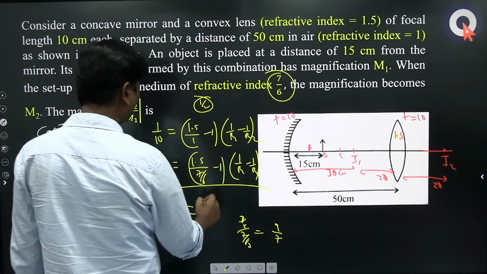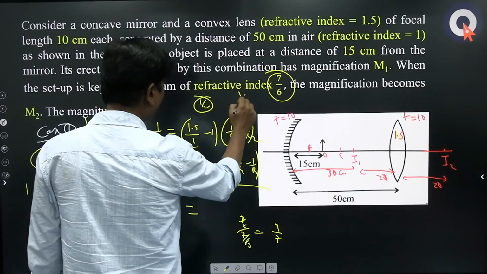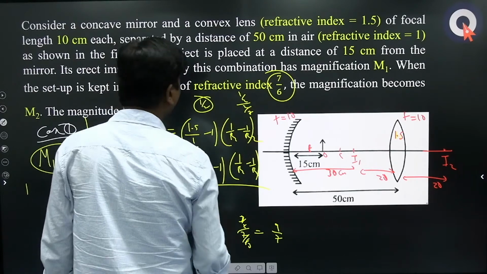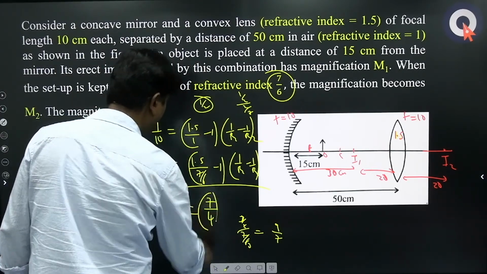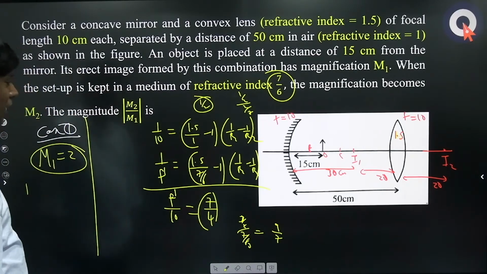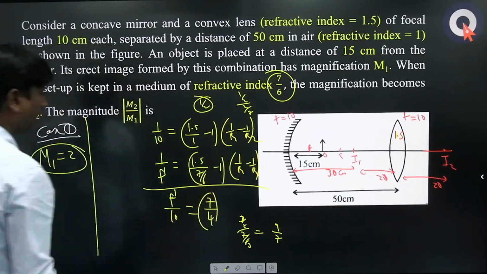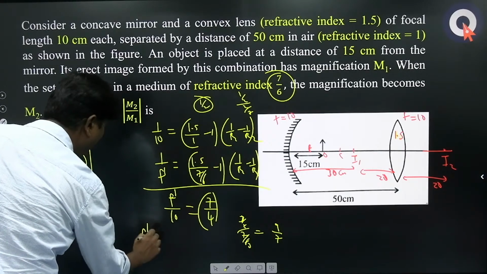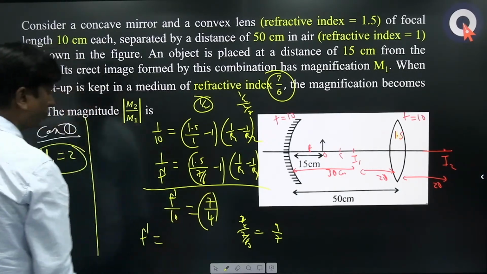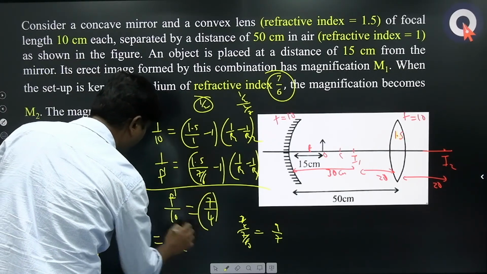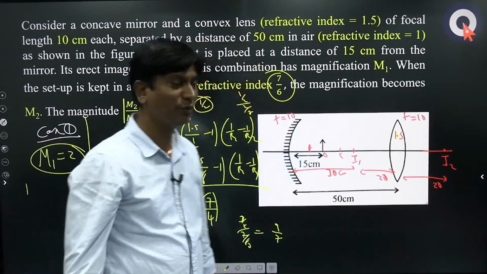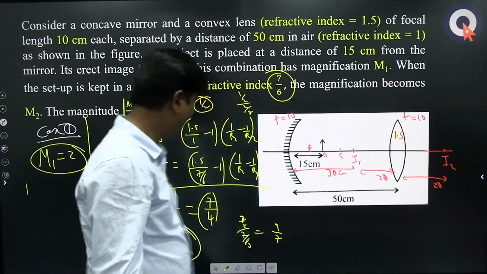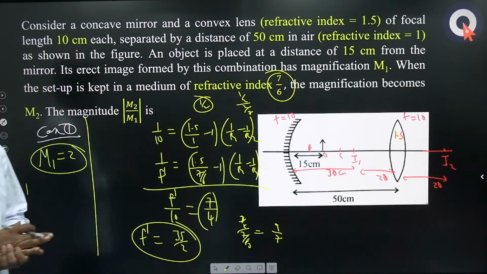So this value will be 2 by 7, and 1 by 2 by 7 will be 7 by 4, and this bracket and this bracket anyway will get cancelled. So f dash is equal to 70 by 4, 35 by 2 is the answer. I mean the new focal length. Now we are talking about the new focal length of the lens, which is 35 by 2. So try to calculate that.